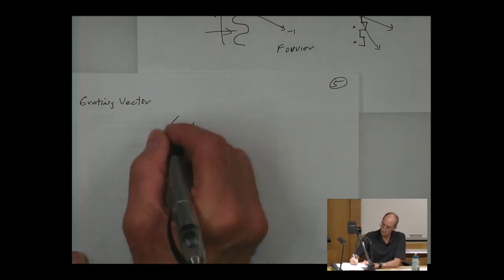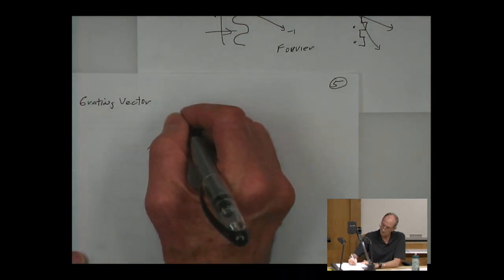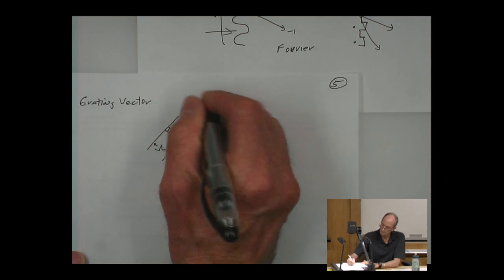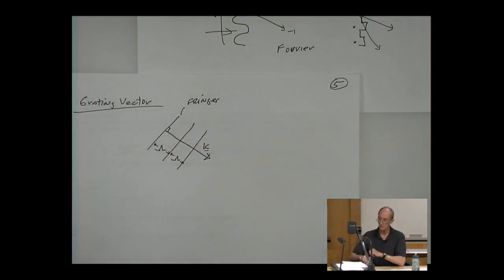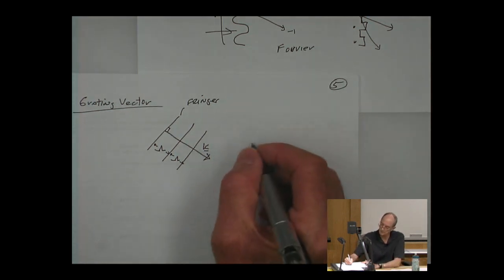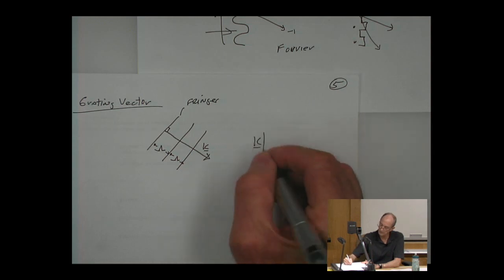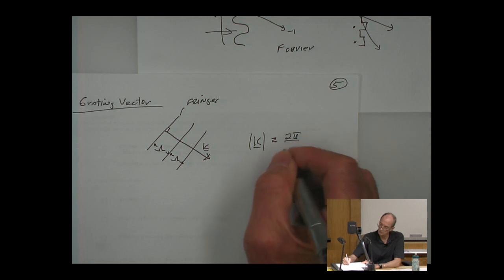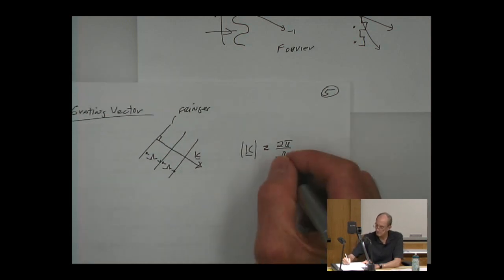We saw that when we have R and O, we end up with those sets of fringes. And K, the magnitude of this grating vector, is equal to 2 pi over the period.